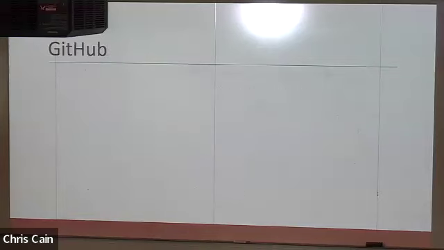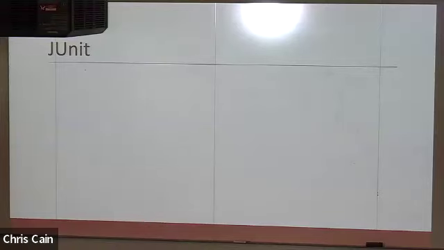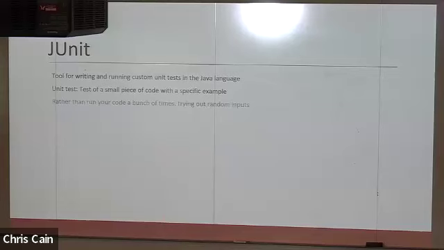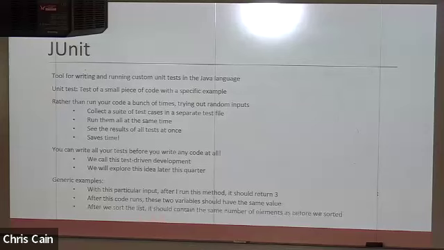We talked about the use of GitHub. We started to talk about JUnit, about unit tests, and I think we got all the way through this. And we're ready to start tackling, hopefully, maybe the last day of review. We will see how far we get.